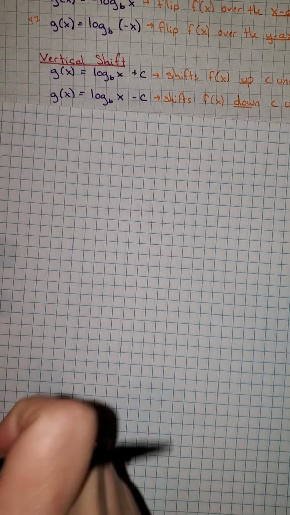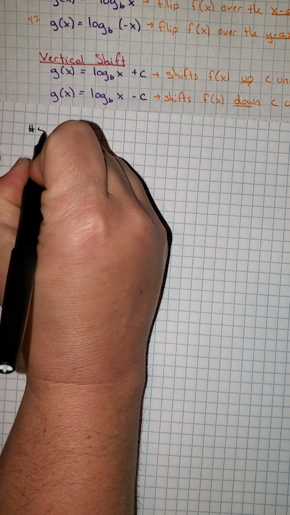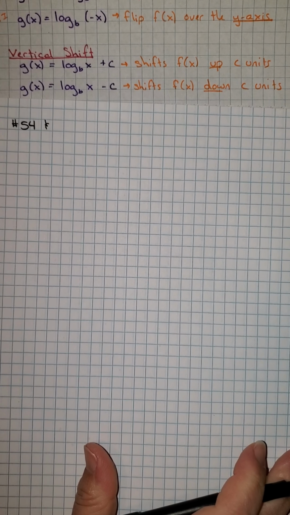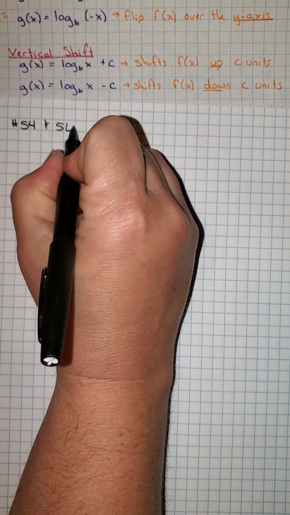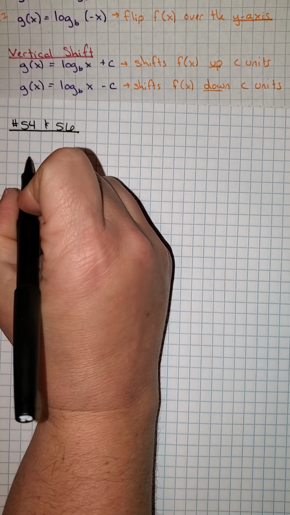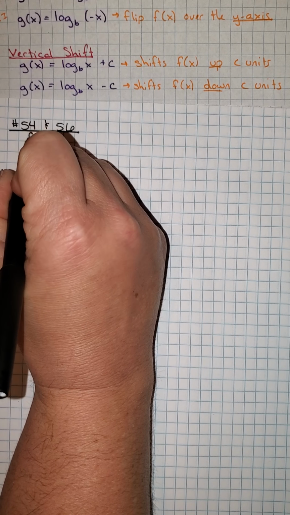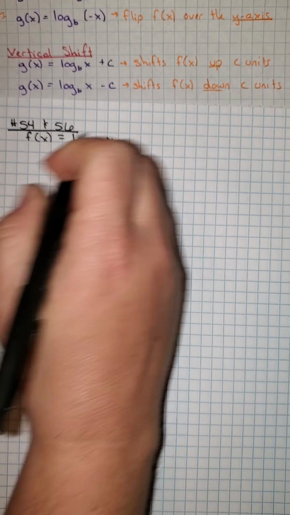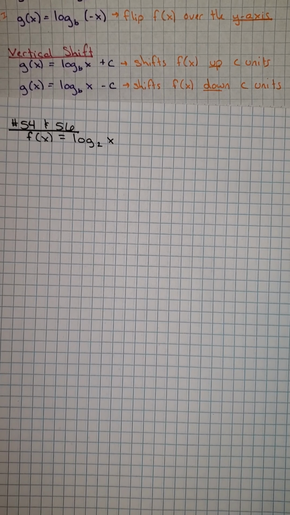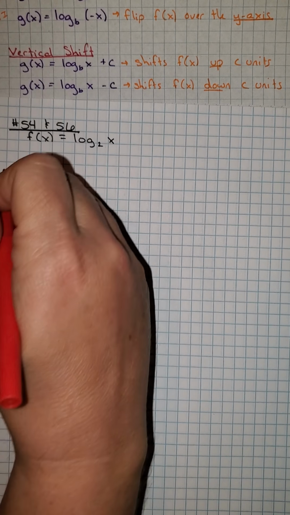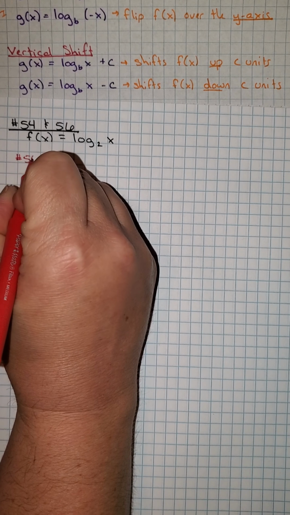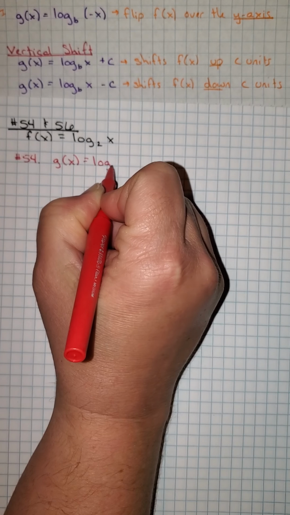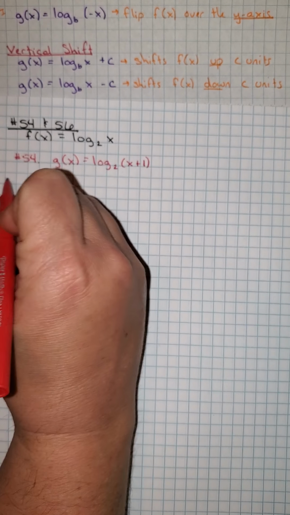Alright, so let me do number 54 and 56. Okay, so we're going to first of all graph f of x equals log base 2 of x. And we're going to use that to graph number 54, which is g of x equals log base 2 of (x plus 1), with the parentheses.